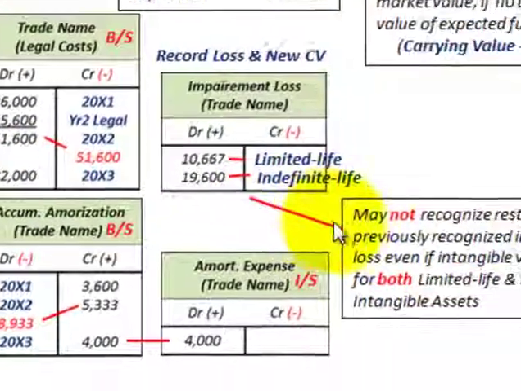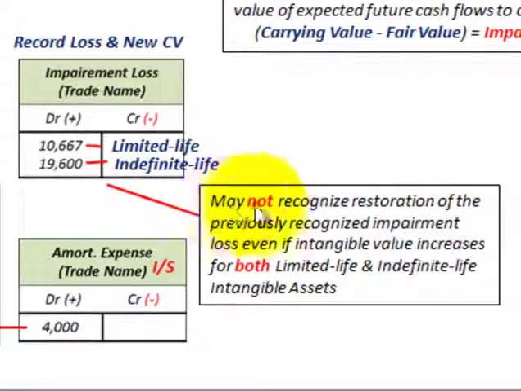Okay, and then one other thing that we want to talk about. When we recorded this impairment loss, we may not recognize restoration of any previously recognized impairment losses, even if the intangible value increases, for both the limited life and the indefinite life intangible assets.